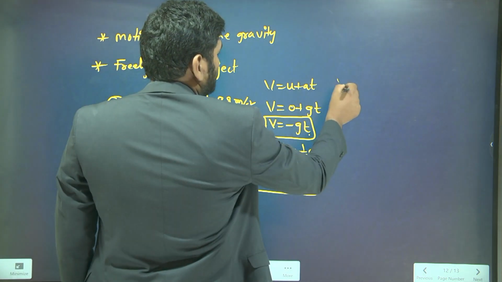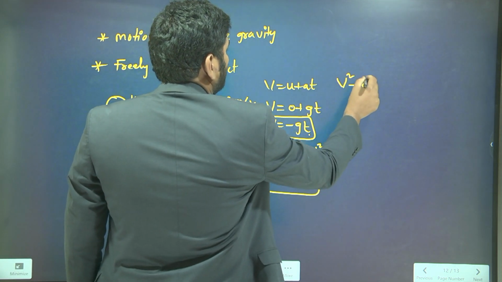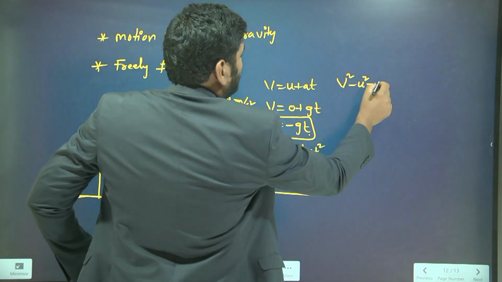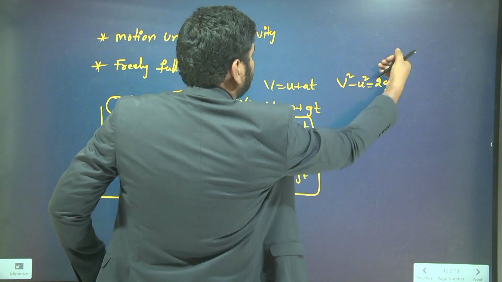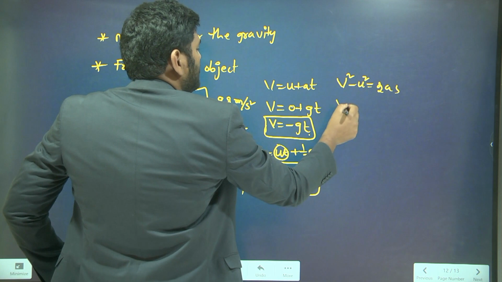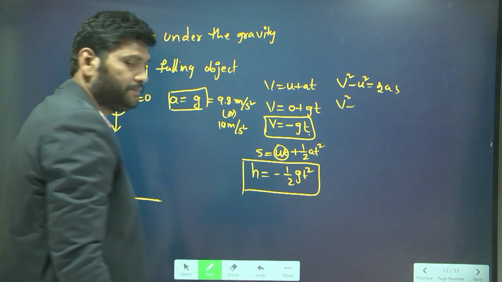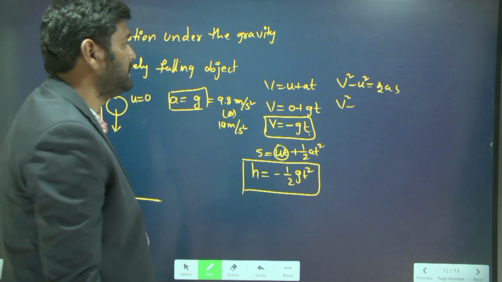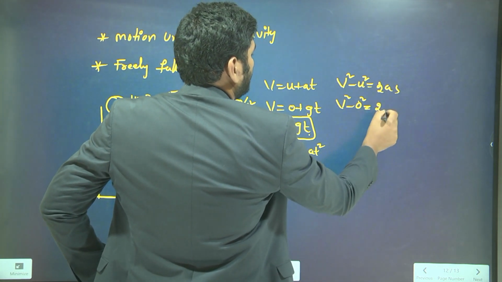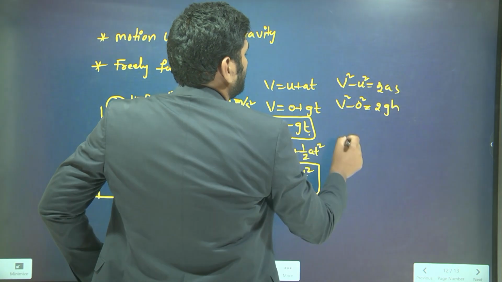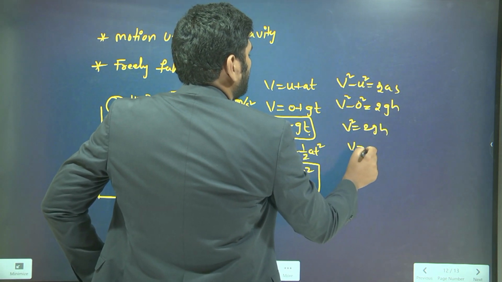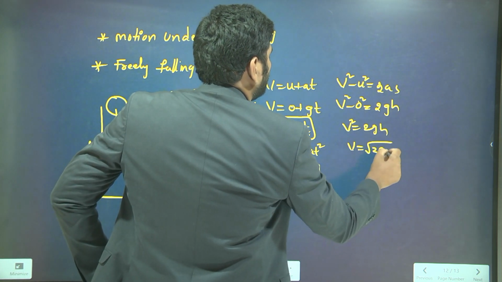In a similar way, how is the third equation of motion going to change? V square minus u square is equal to 2as. In that, what is the u value? 0. So v square is equal to 2 into g into h, so v square is equal to 2gh, then v is equal to under root of 2gh.